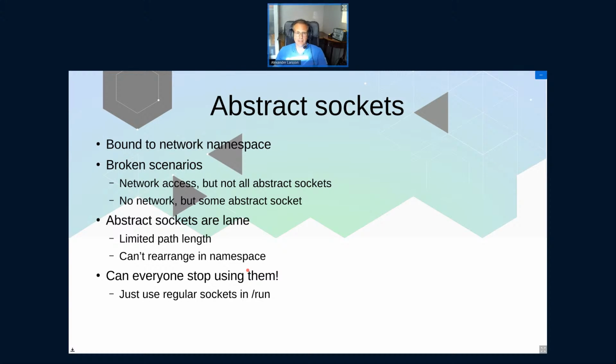They're like this 90s thing where you didn't want leftover sockets in the file system lying around after reboot. But these days we should just use /run or some tmpfs thing. So I wish I could disable abstract sockets separately from the network namespace. But really, we should just make sure that nothing ever uses abstract sockets.